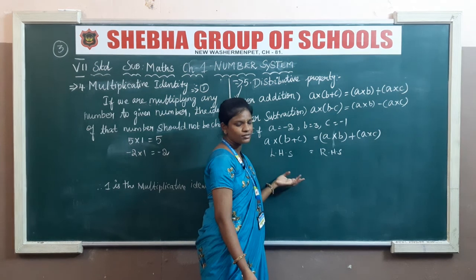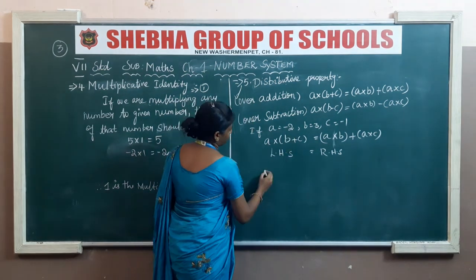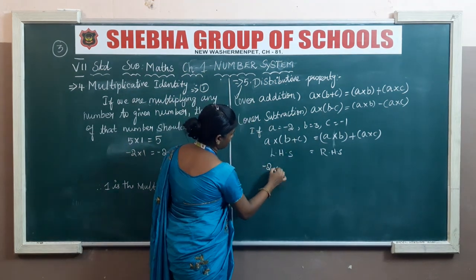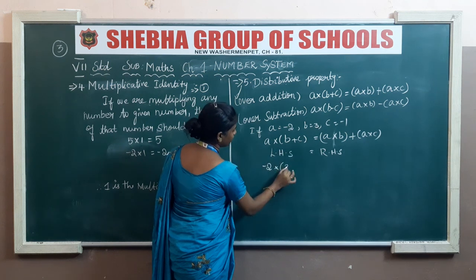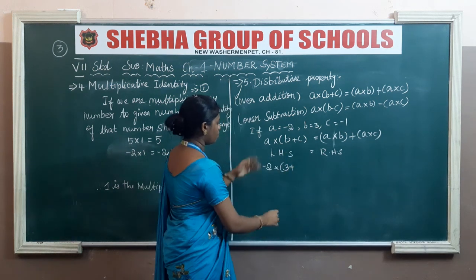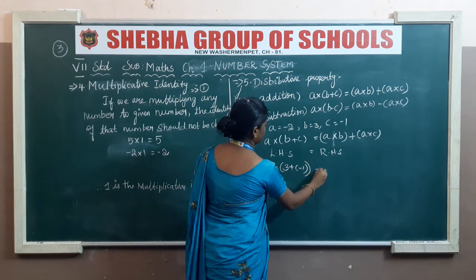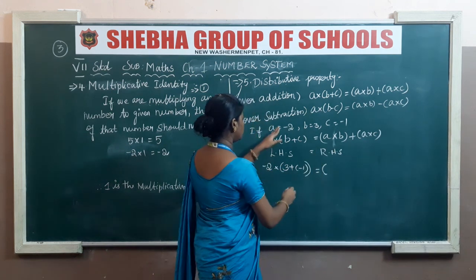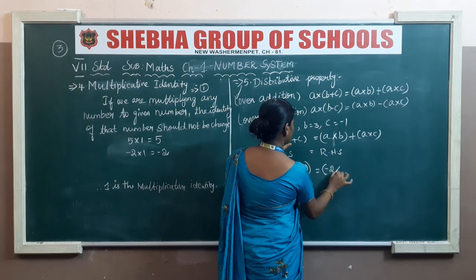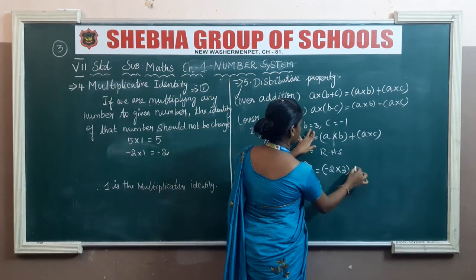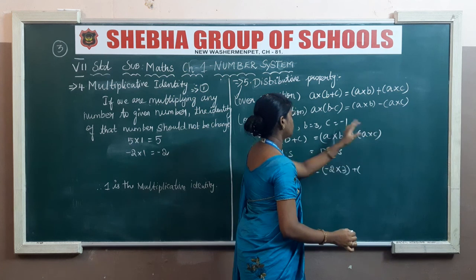We substitute into this formula: minus 2 into (3 plus minus 1) is equal to a into b plus a into c, which is minus 2 into 3 plus a into c.